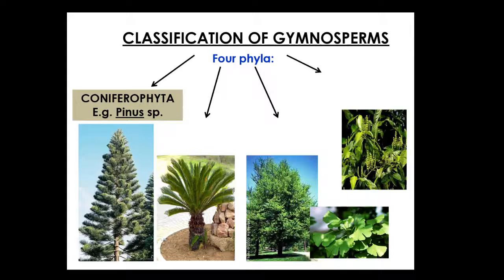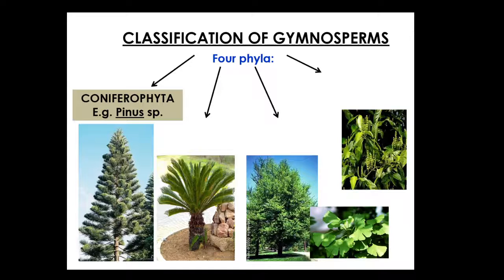Examples are pine trees, the kind that you would use for Christmas trees, or there are also pine trees at the beach. If you go to Tanjung Aru, or even the beaches here in Labuan once you are allowed to get out of the campus, if you get the chance to go to any of the beaches, do look out for the pine trees.